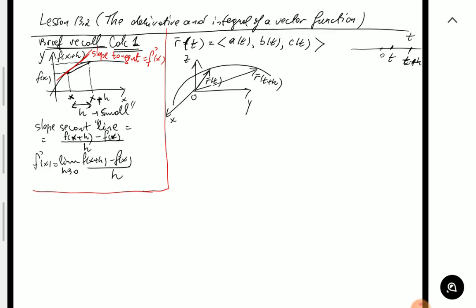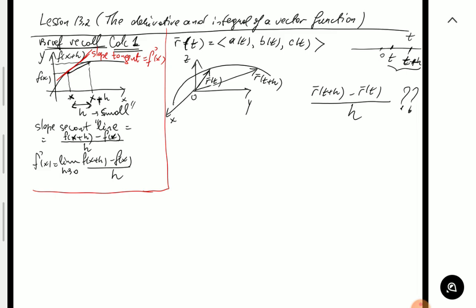So what can I say about the change in this position vector? Now think in terms of vectors, right? So I'm looking at r of t plus h minus r of t in comparison to the difference between t plus h and t, which is h. Now let's be careful for a moment here and let's see visually what this represents. On the top there's a difference of two vectors.